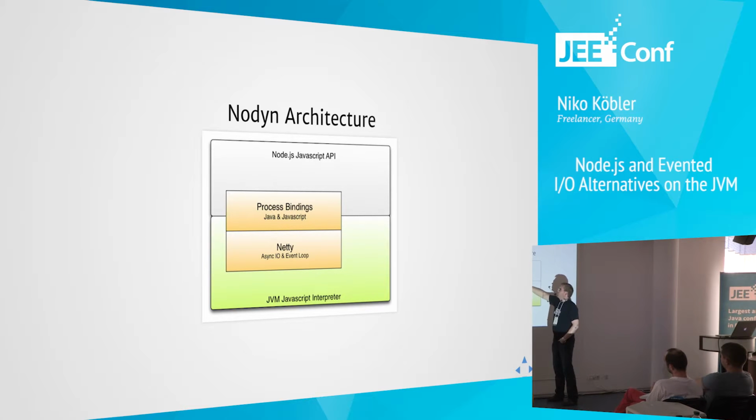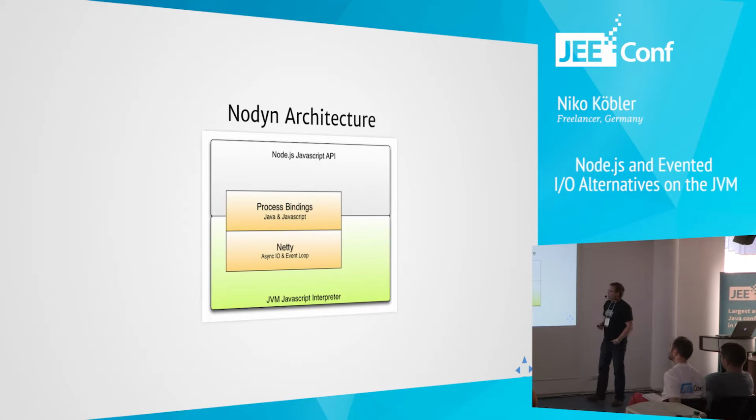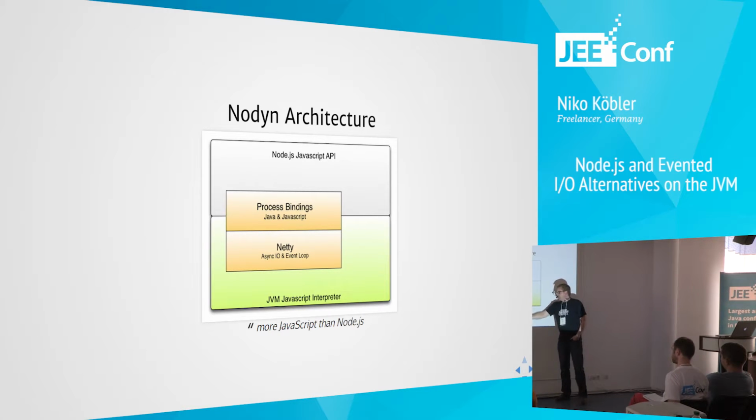And the process bindings, which are in C++ in Node.js, are rewritten in Java and JavaScript. And for the async I/O and event loop, they're using Netty. And just any JVM JavaScript interpreter. With this Java and JavaScript part, compared to the traditional architecture, they can say, hey, we are using more JavaScript than Node.js does. Just a marketing sentence, but okay.